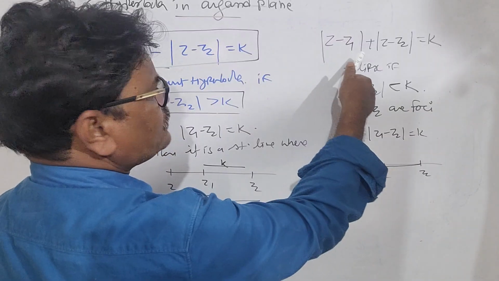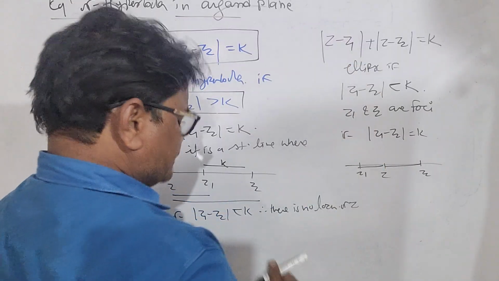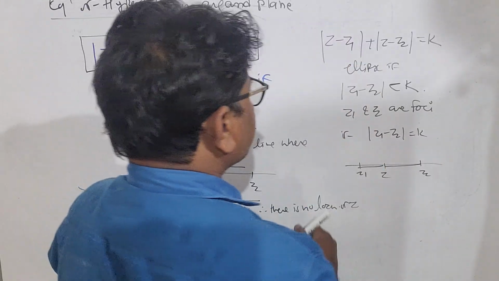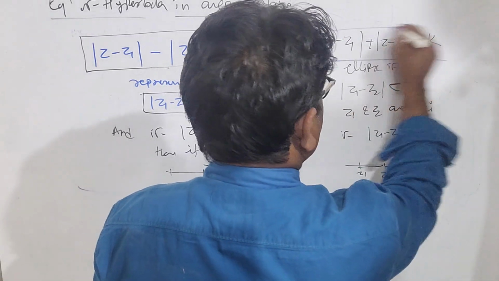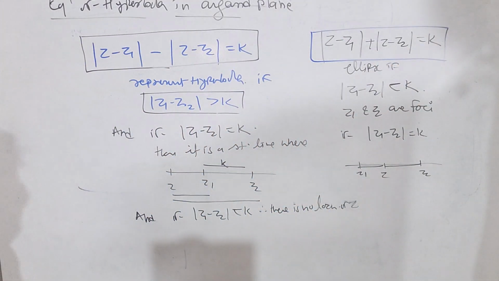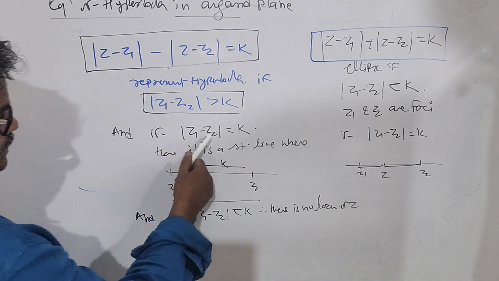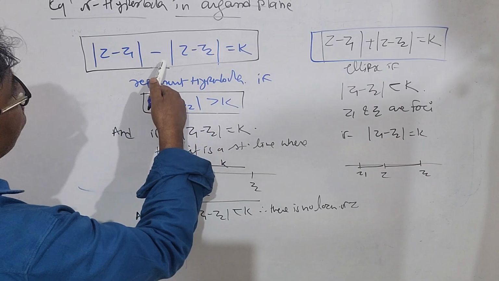At that time this does not represent an ellipse, rather it represents a straight line, and z is lying between z1 and z2, correct?